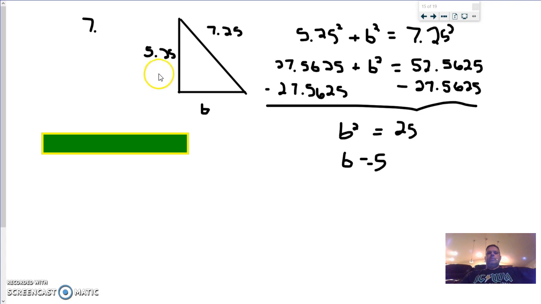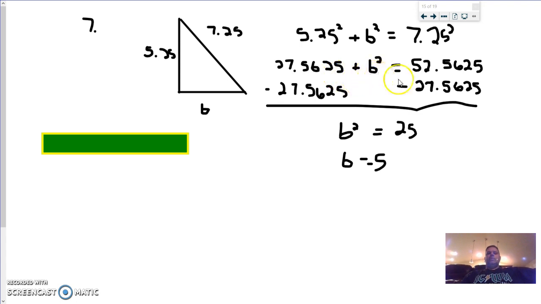When you did this, 5.25 is A, we have B, and we have 7.25 as C. We put this in as 5.25 squared plus B squared equals 7.25 squared. Our answer, when we square 5.25, we get 27.5625.